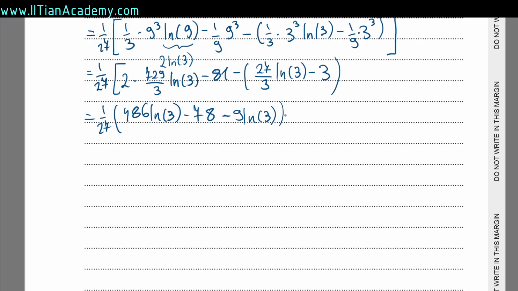Okay, and then this is just going to be 1 over 27 times 477 ln3 minus 78. And then I just have to divide everything by 27. So this will just be 477 over 27 ln3 minus 26 over 9 if I simplify with a 3. And this is going to be the final solution.